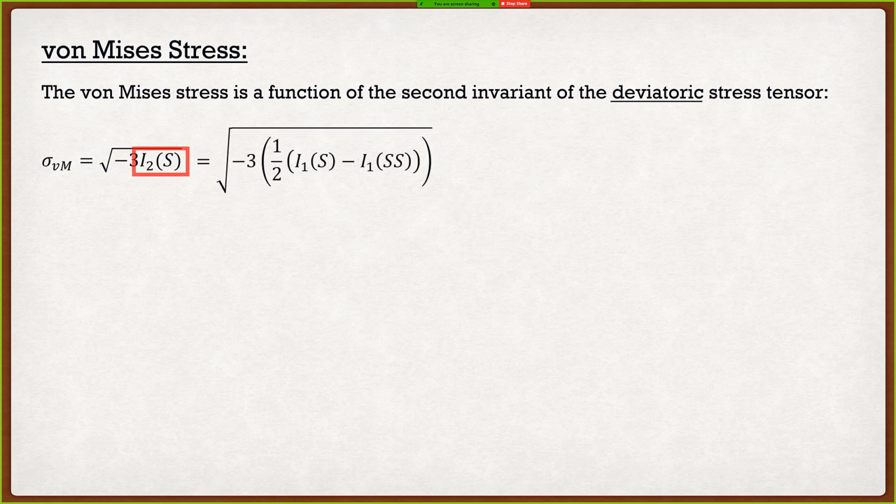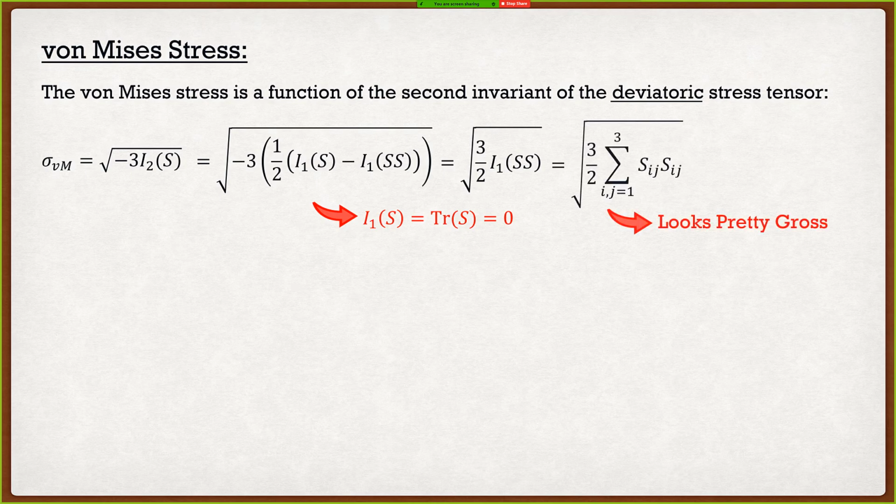It's 1/2 of the first invariant of S squared minus the first invariant of S S. Now remember that when we defined this deviatoric stress tensor, we said it has a very nice property in that the first invariant, or the trace of S, was equal to 0. So we know that component is going to be equal to 0. We can simplify this to 3/2 of the first invariant of S S.